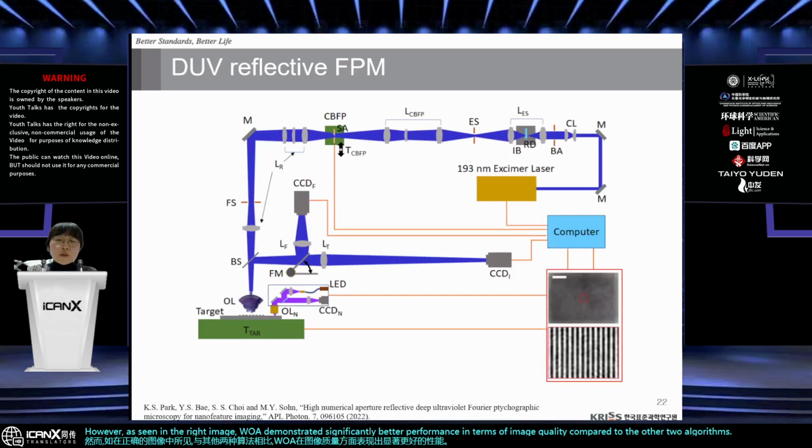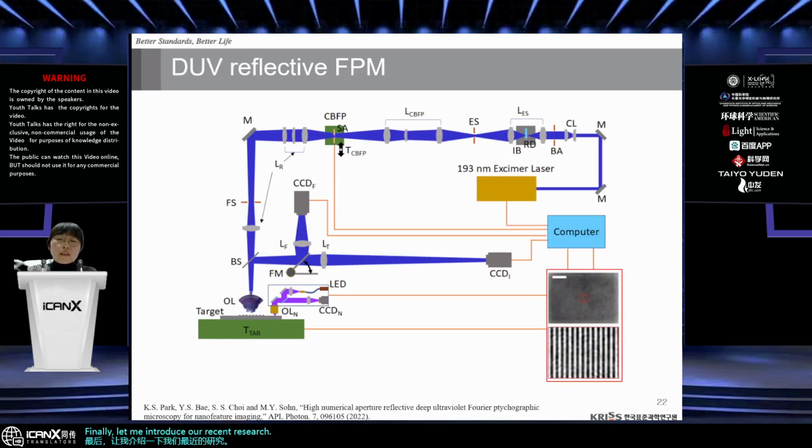Finally, let me introduce our recent research. We are conducting a study to improve resolution by shifting the LED wavelengths into the UV range. Last year, NIST in the US presented research using a reflective FPM with a deep UV wavelength of 193 nanometers to measure photomask patterns at the 80 nanometer level.